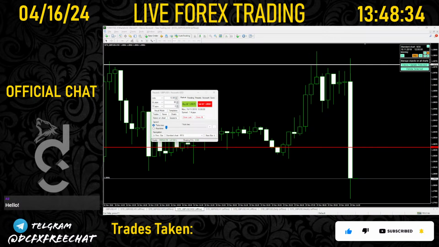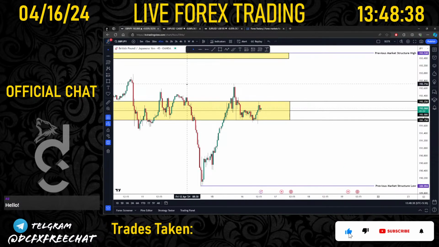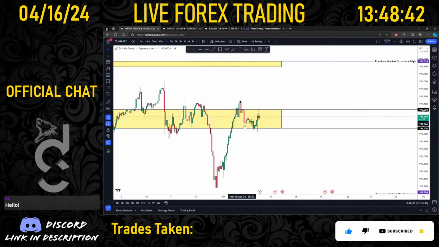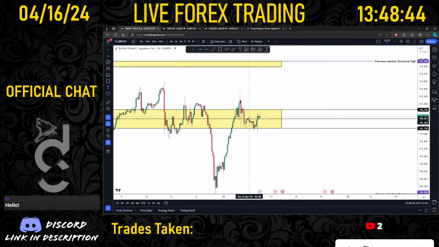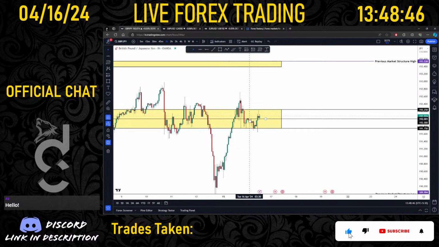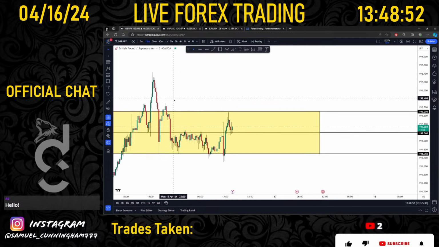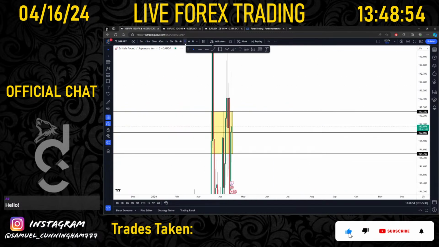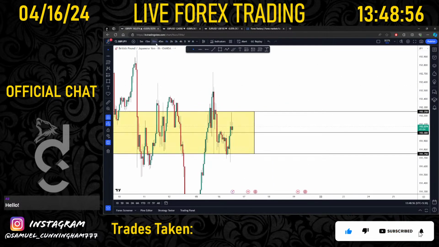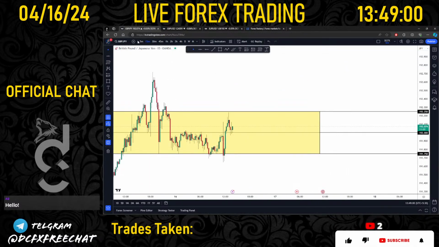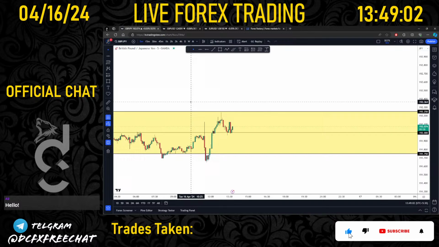Interesting, some people are buying GJ. Buying GJ, going up. Okay, so basically it took out the previous hourly high. Retested the QP 192. Interesting.